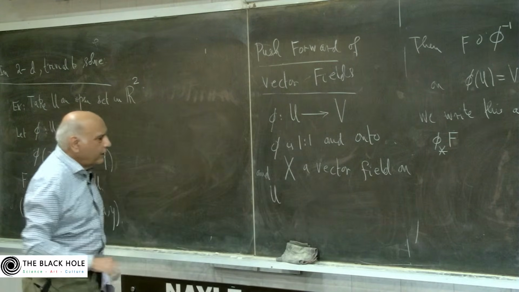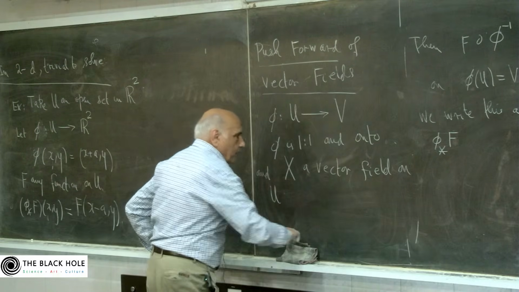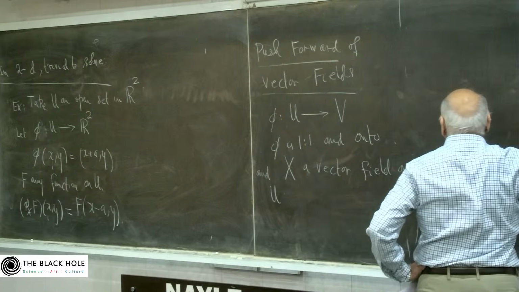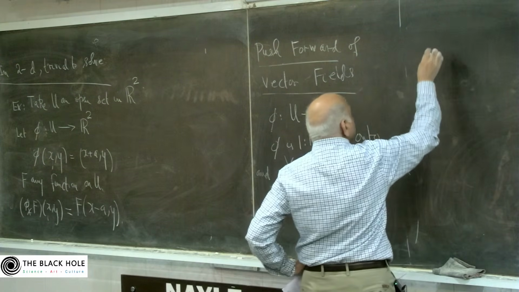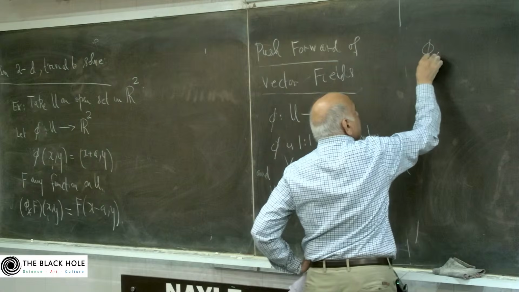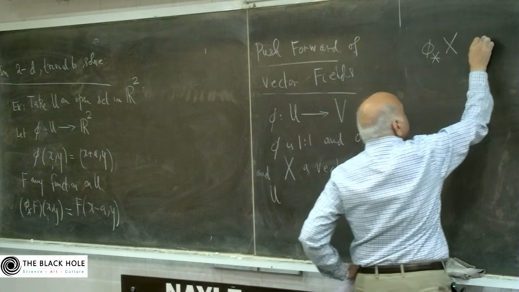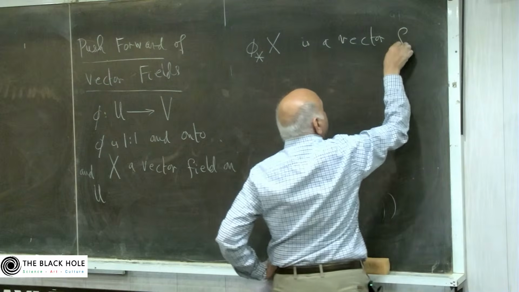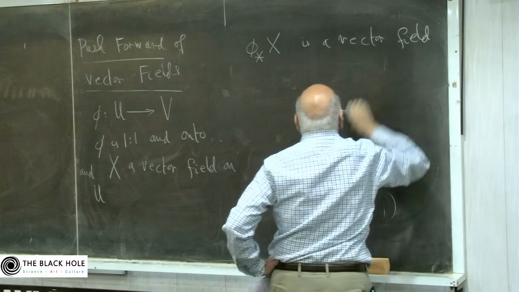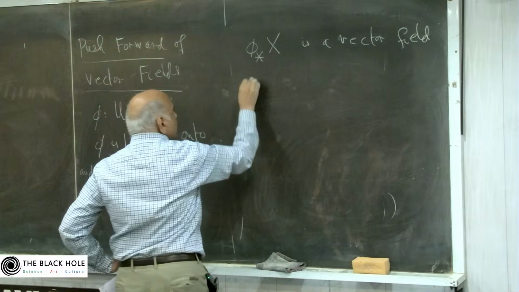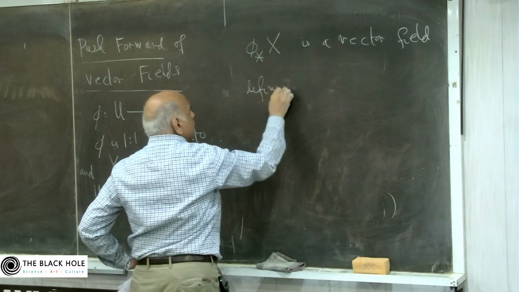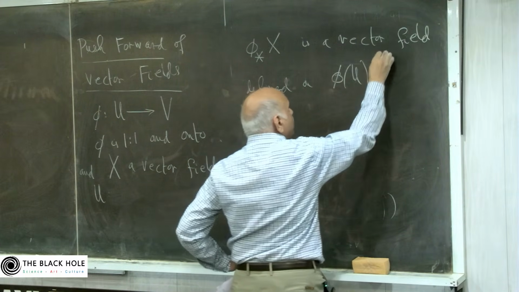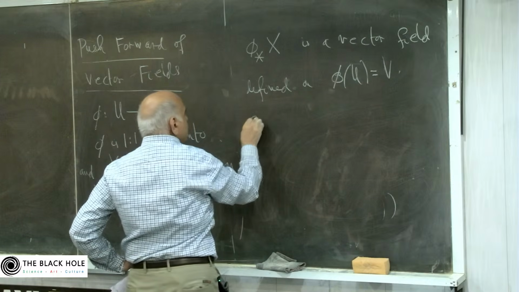Phi lower star X is a vector field defined on the image, given by the following.